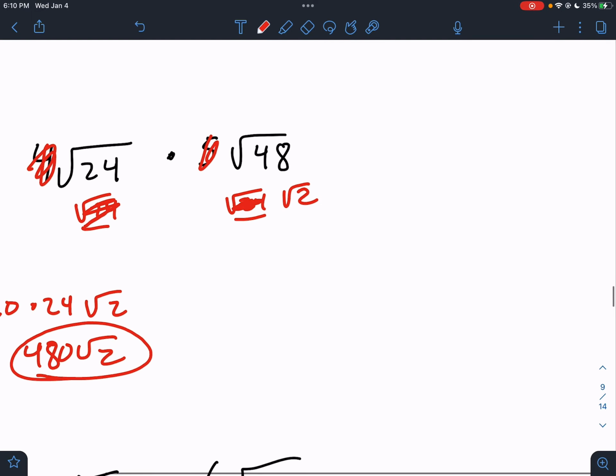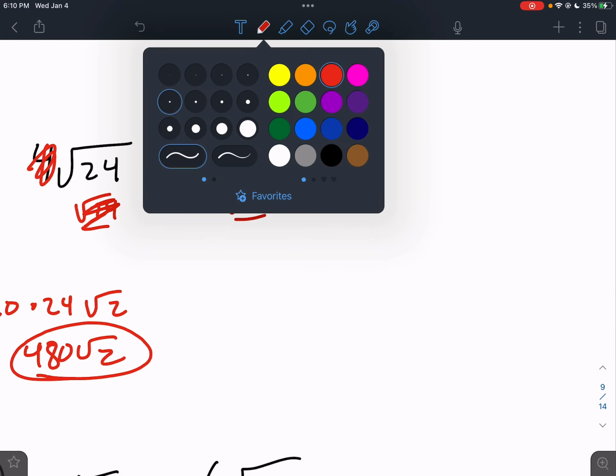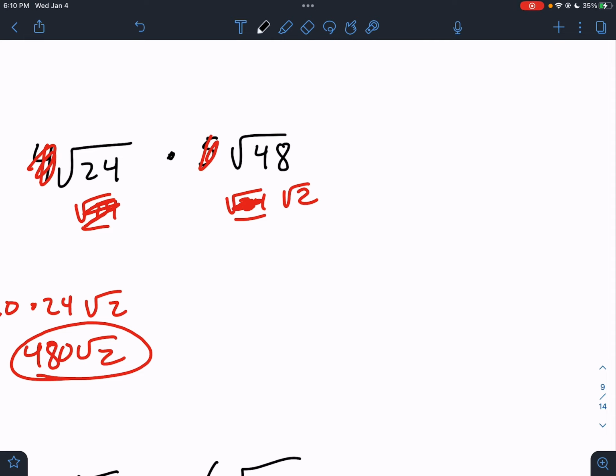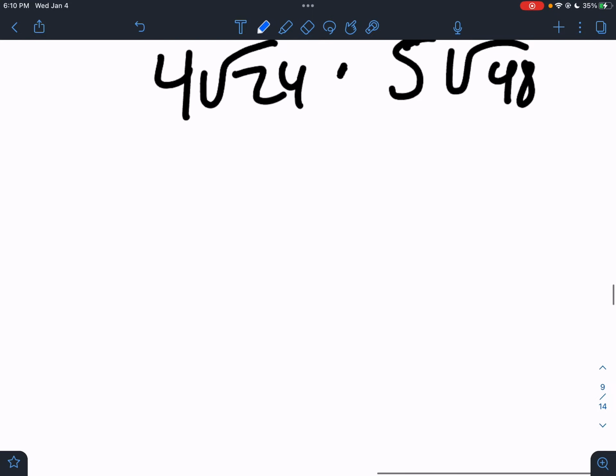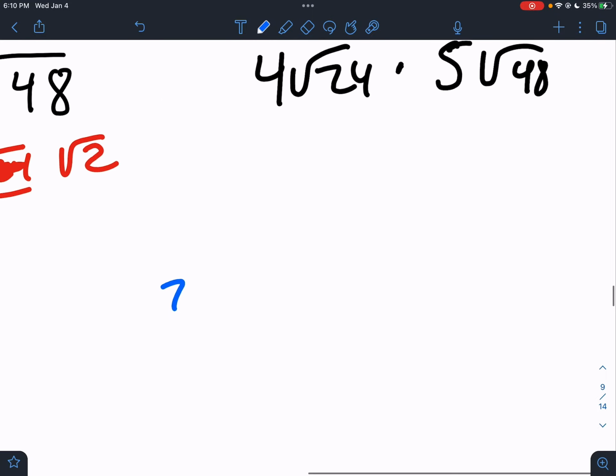I don't always expect you to see the GCF correctly, though. So let's try it again. So it's 4 root 24 times 5 root 48. What if you thought the GCF was a different number, like 12? That's fine. 5 times 4 is 20, right? We still take care of that. But let's say you pulled out a root 12.